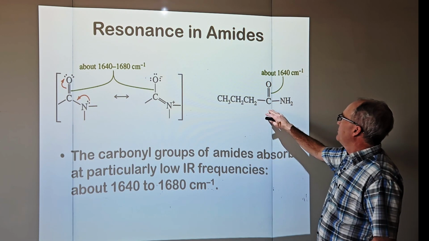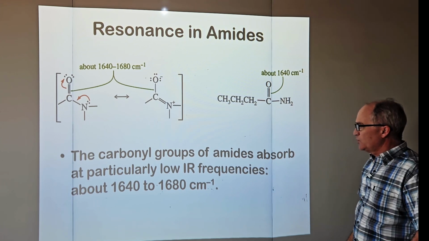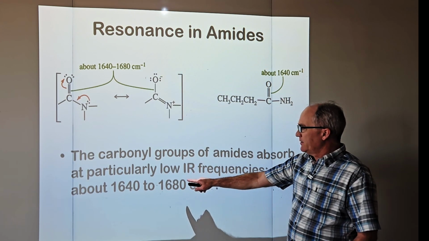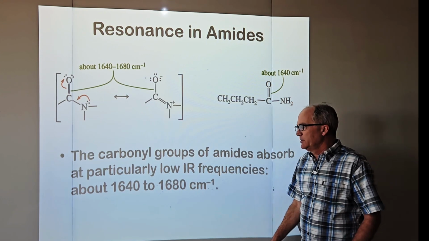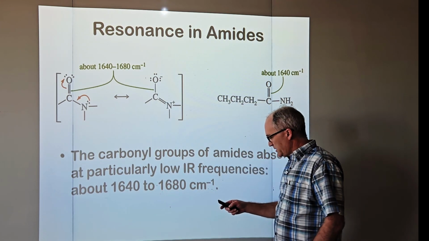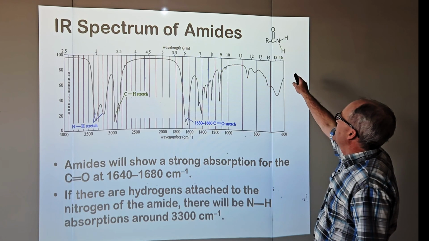So here's a typical amide. The carbonyl groups of amides absorb particularly low, so the qualifier is low compared to other carbonyl carbons, 1640 to 1680. So here's an amide again.